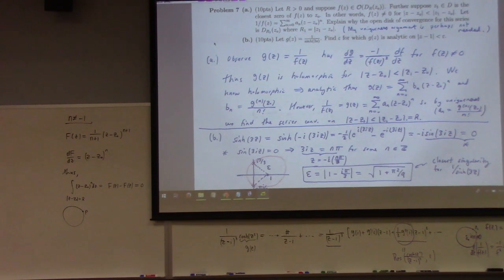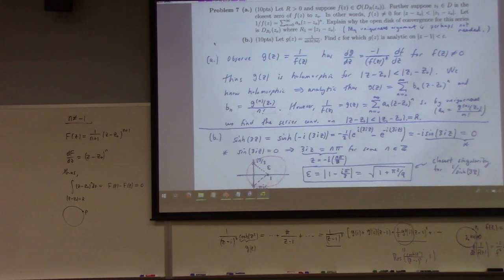Yeah, holomorphic implies analytic, definitely we had. What I'm thinking about is if you have a power series, how do you figure out the radius of convergence?